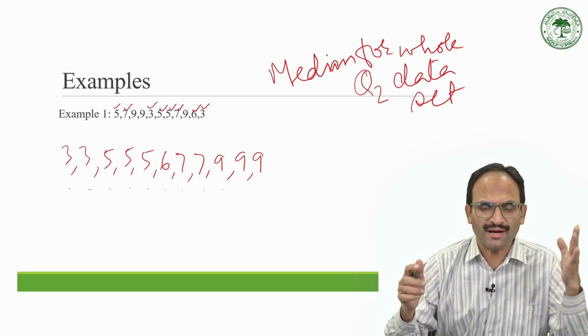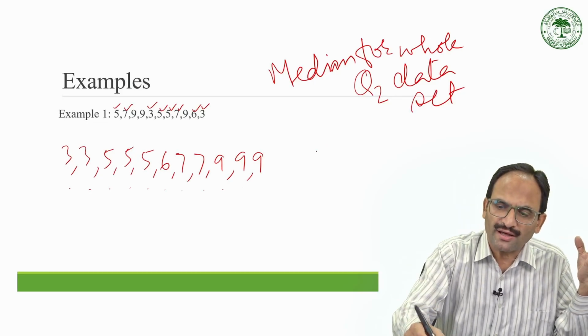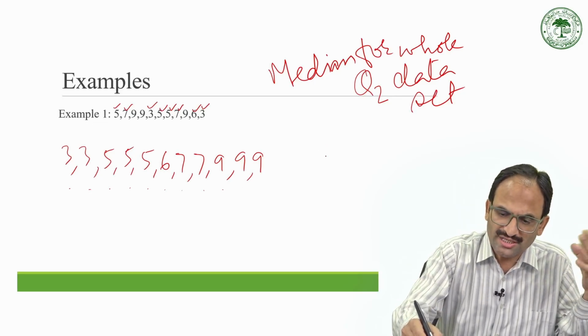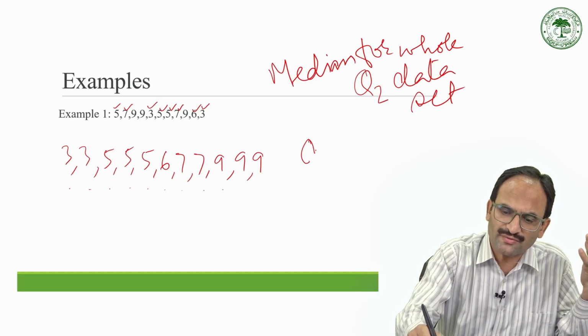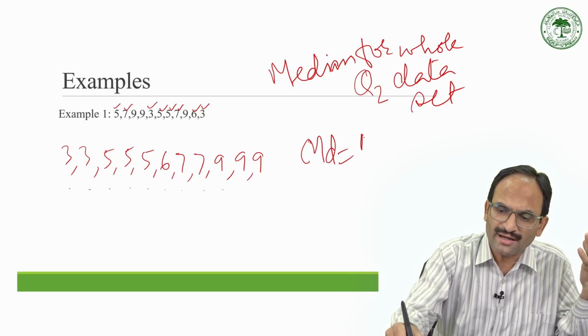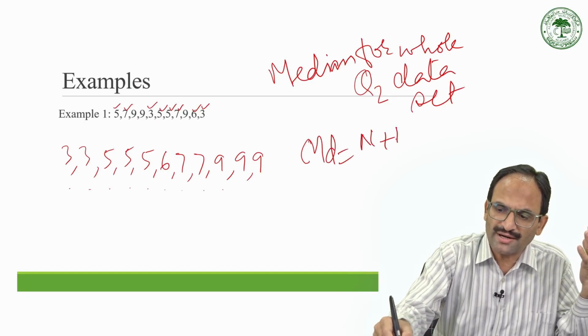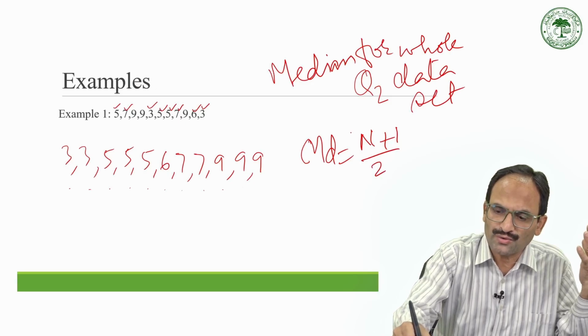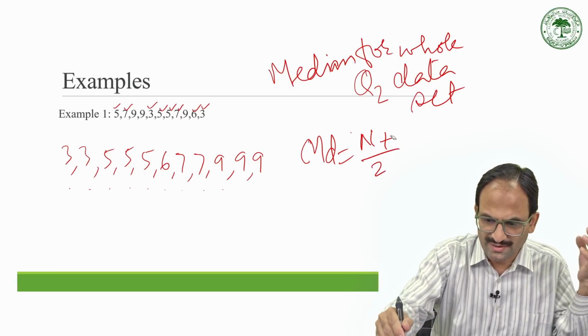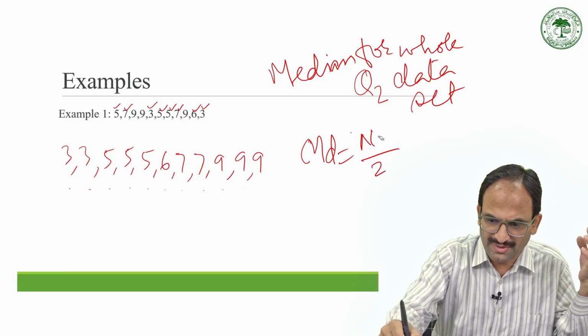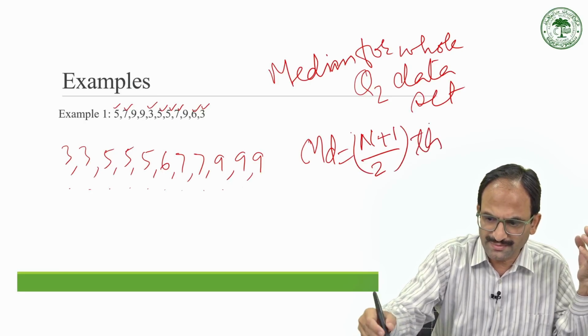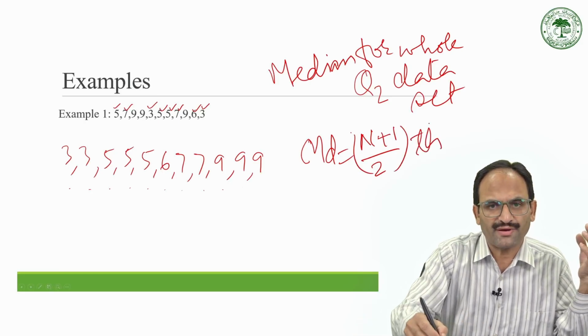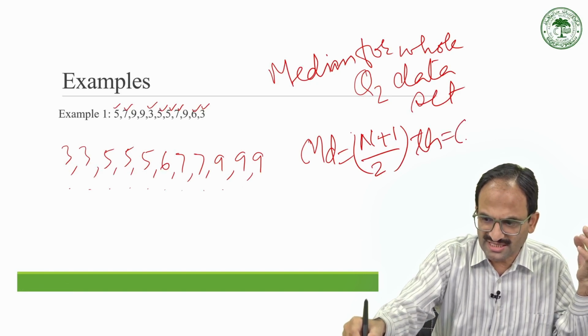So 11 is what? An odd number, and to find the median in the odd case, the median is equal to the (n plus 1) upon 2th term. So here we have 11, so it will be the 6th term.